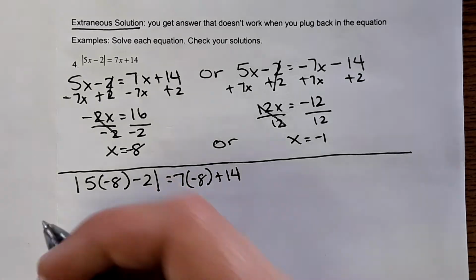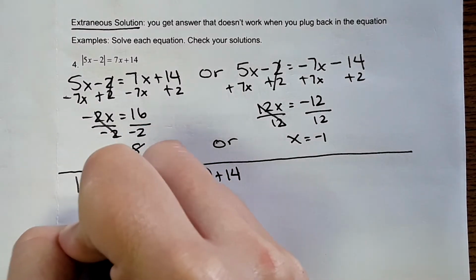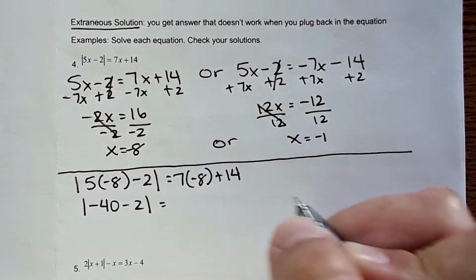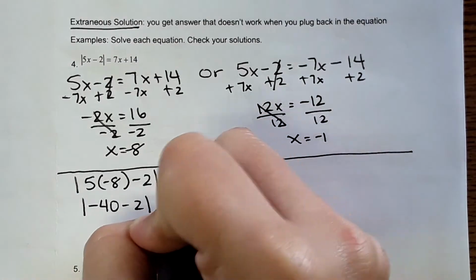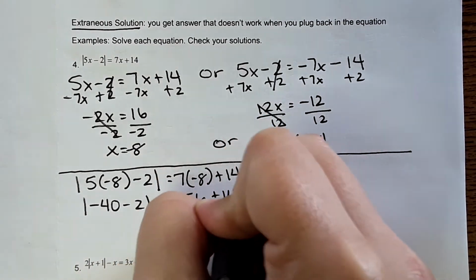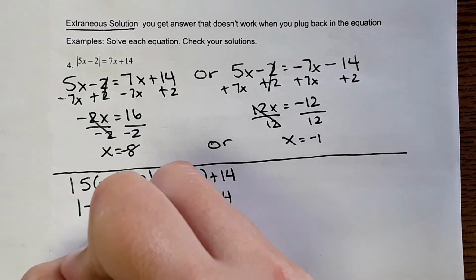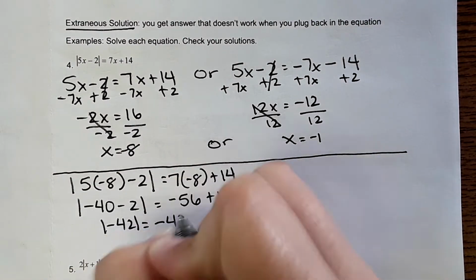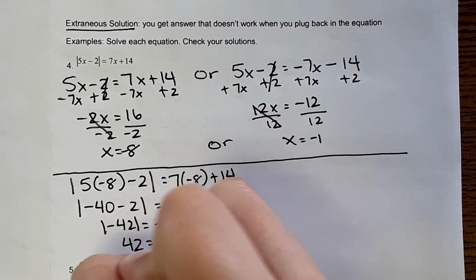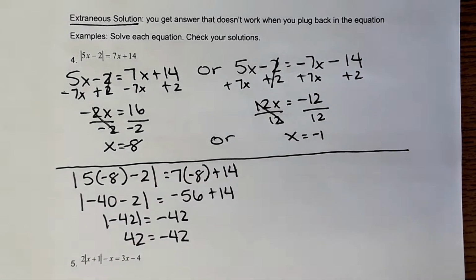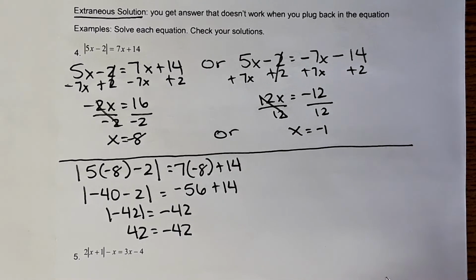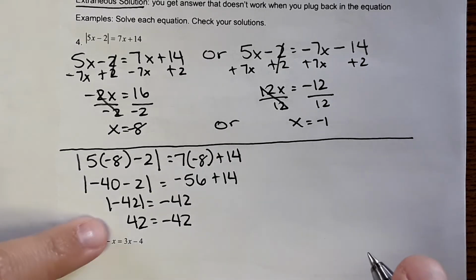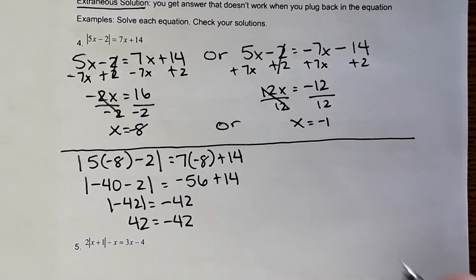And then we will solve this. So this solved to 42 equals -42.